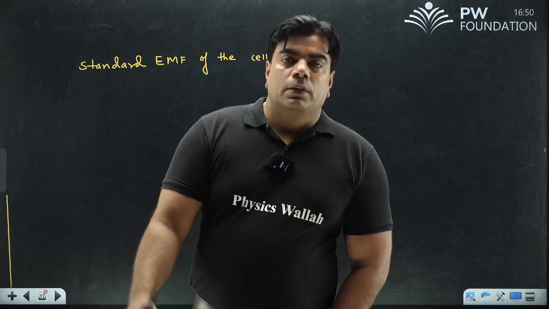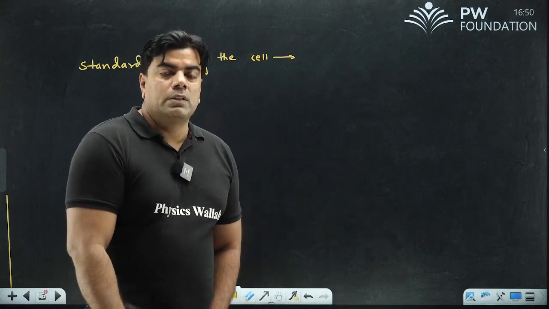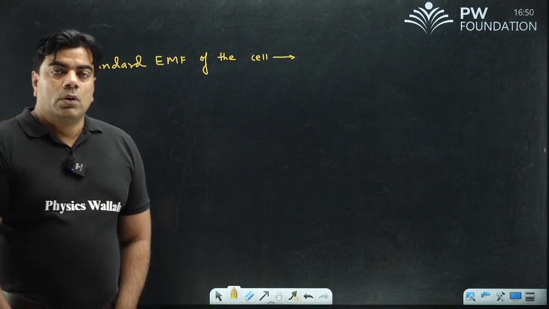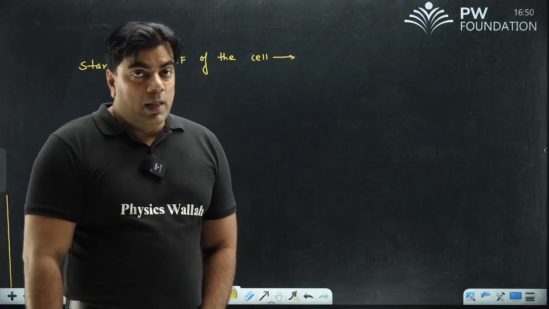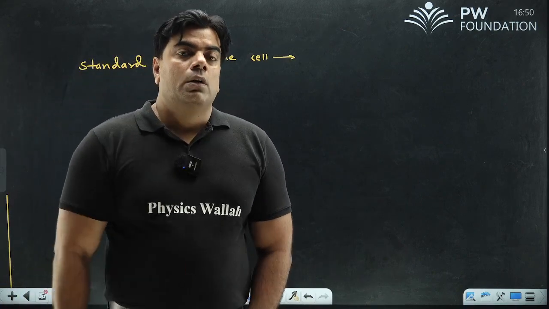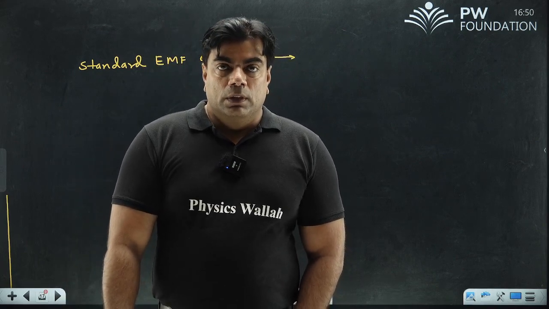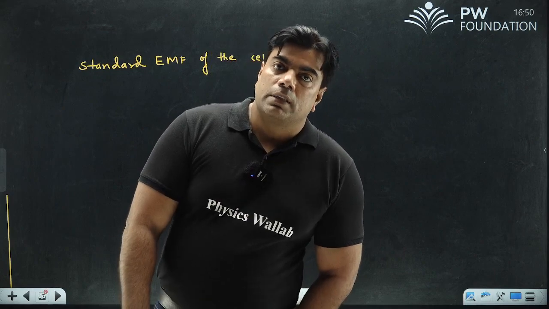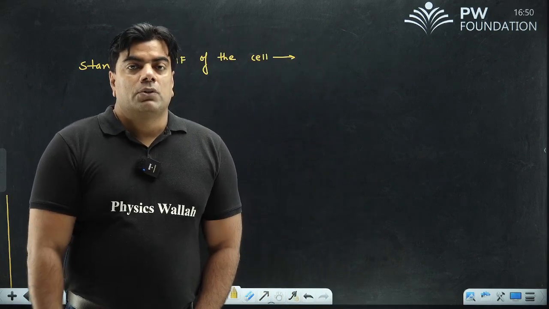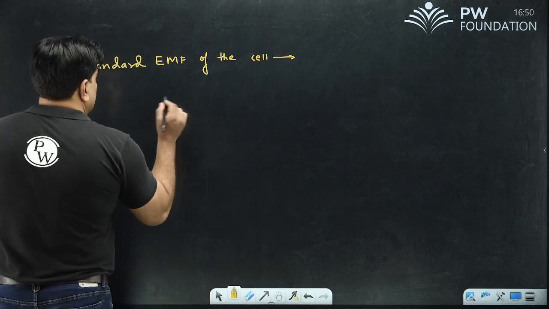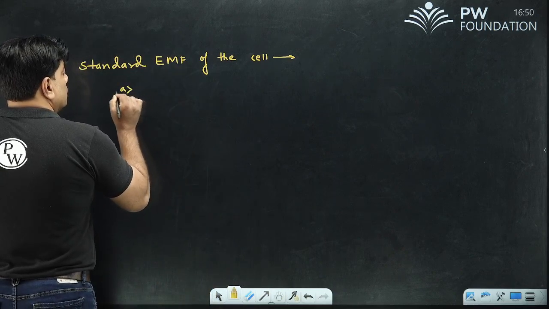Or you can say that when the EMF of the cell is calculated at 298 Kelvin, 1 atmospheric pressure and, most important, a 1 molar electrolytic solution, then the calculated EMF is called the standard EMF of the cell. So there are two definitions.